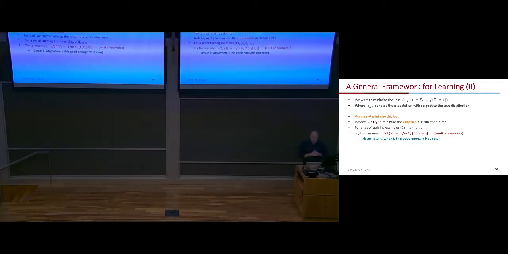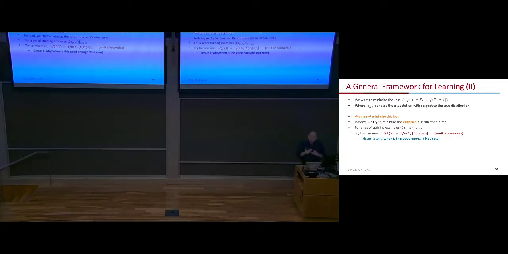Now, of course, you can ask, why is that relevant? You're just minimizing on the training data. Who cares about the training data? You care about the test data that you've never seen. That is a legitimate question that we will address as we go ahead.